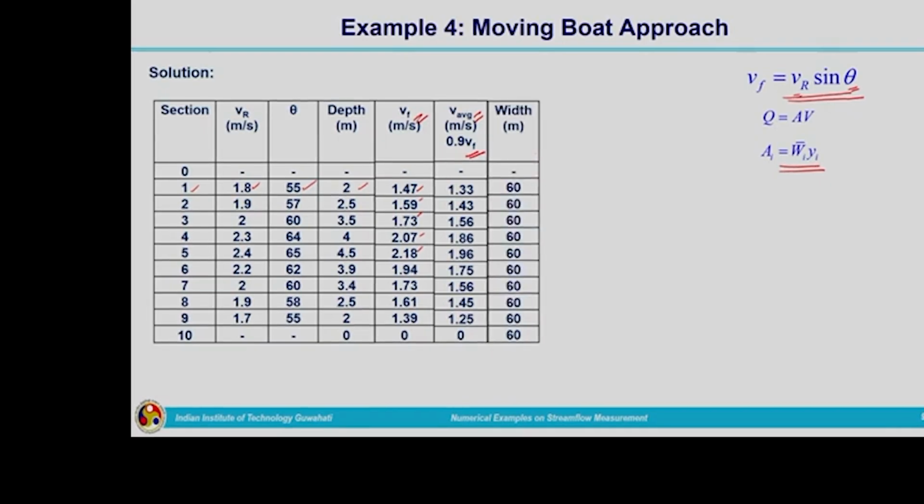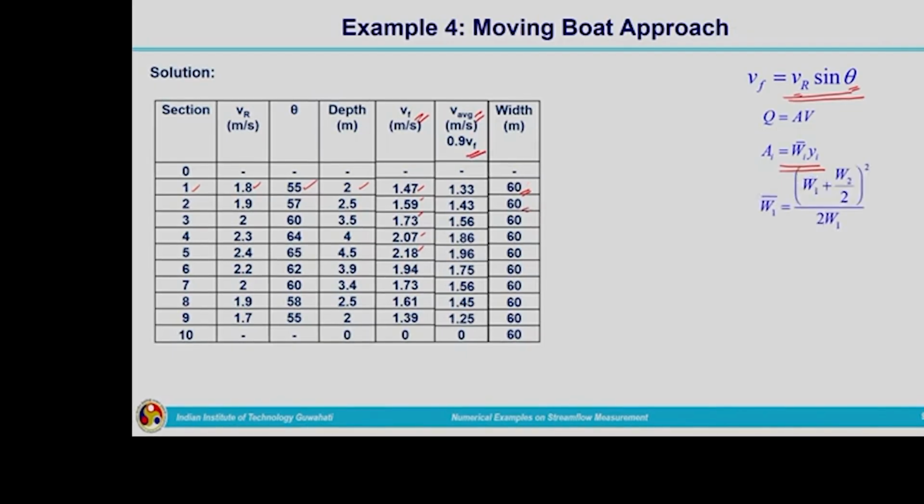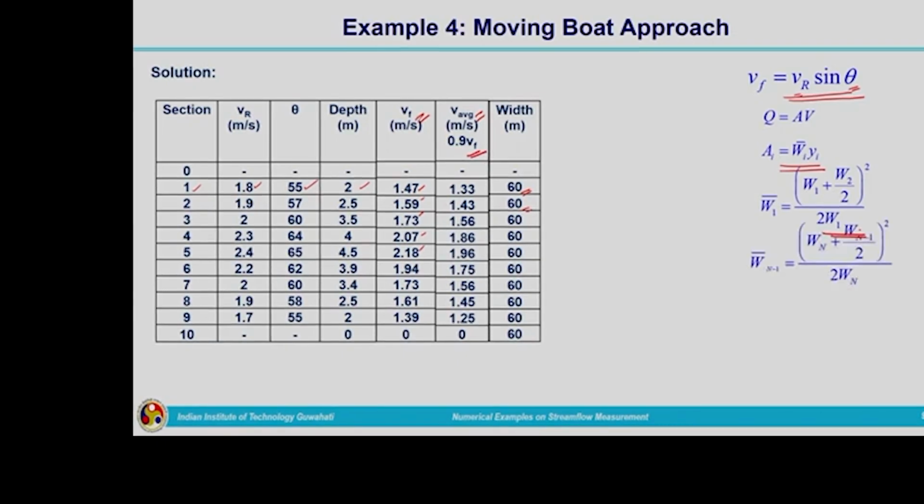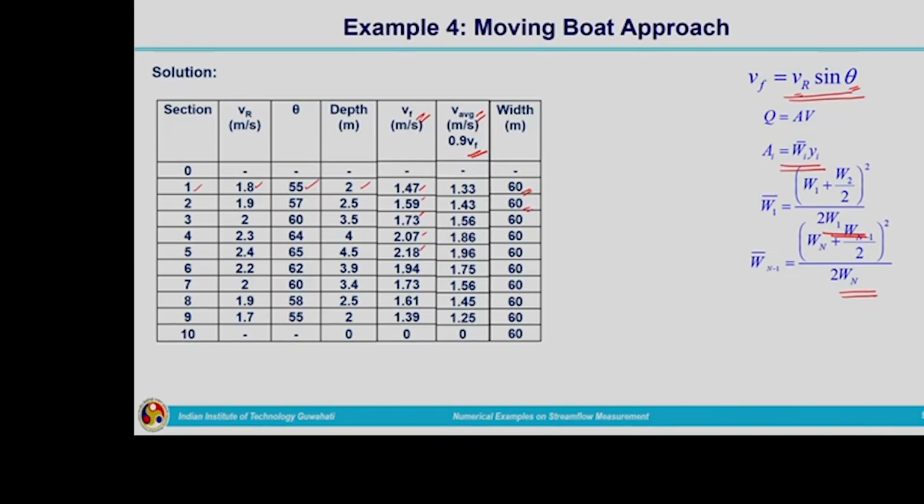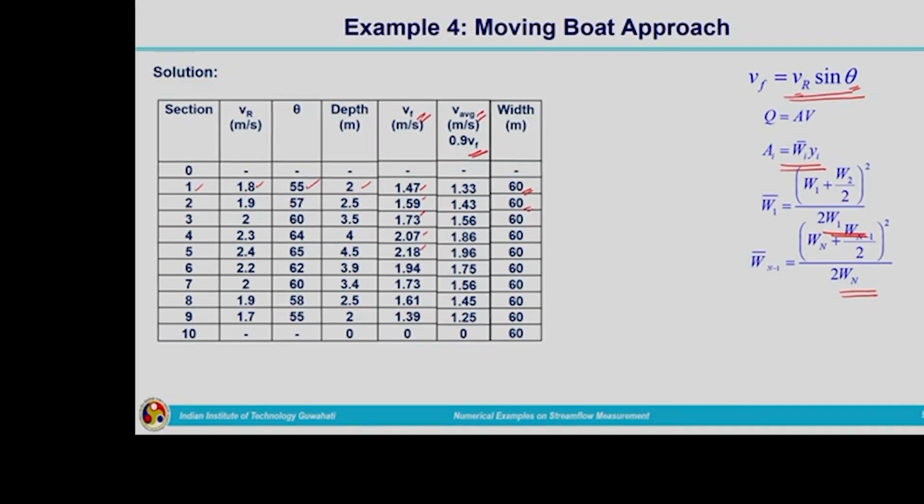The width of each section is 60 meters, that is given in the question. So, we need to calculate the average width. W1 bar is given by the formula that we have seen previously, and W bar n minus 1 can be calculated by using this formula. In between, it is not an issue, as all the segments have the same dimension, so it can be calculated to be 60 only.